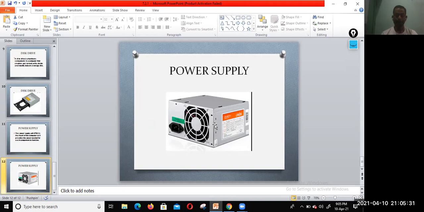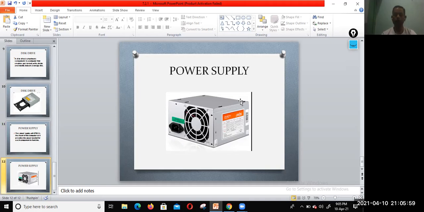The PSU in a computer converts the power from the wall outlet to the type of power needed by the computer, right? It sends power through the cable to the motherboard and other computer components.